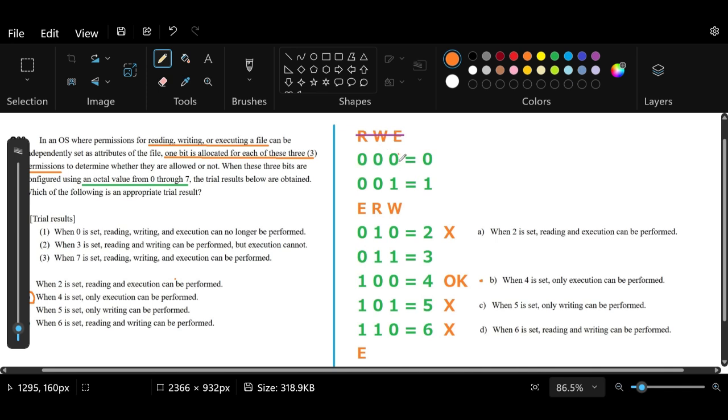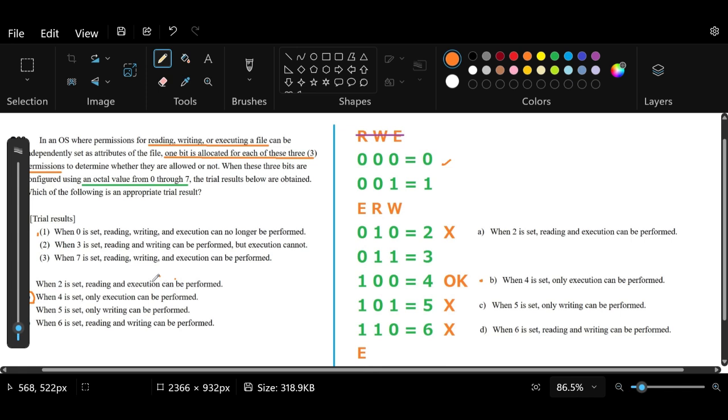When I did this, I put first RWE, but later on, we'll find that to satisfy the other results, we'll need to change the sequence. So we start with the first one. When 0 is set, then reading, writing, and execution can no longer be performed.